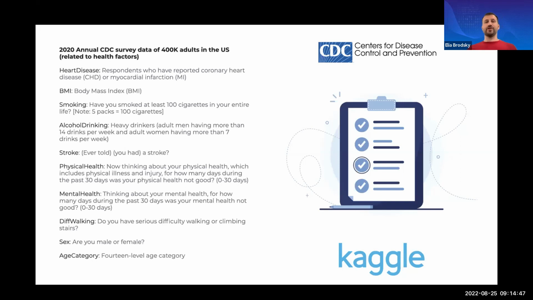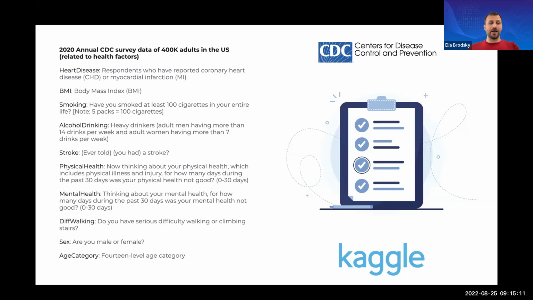What types of features or observations do we have? Well, obviously, we have heart disease, yes or no. People that have coronary heart disease or myocardial infarction are considered to have heart disease, and people that don't have those two conditions don't have heart disease.